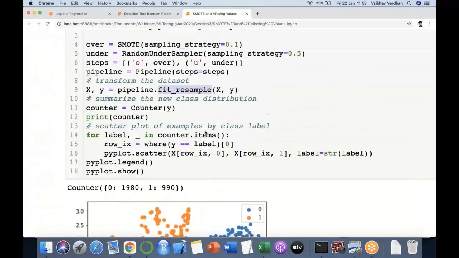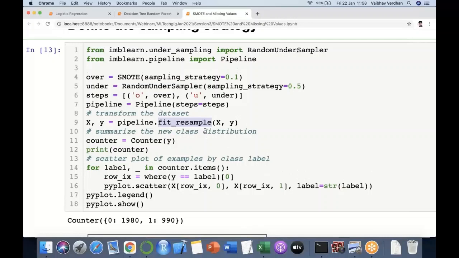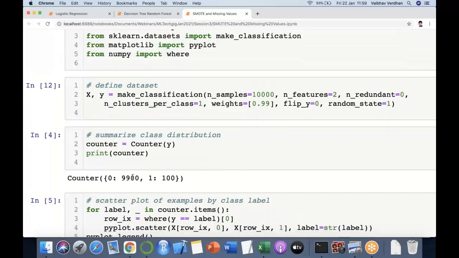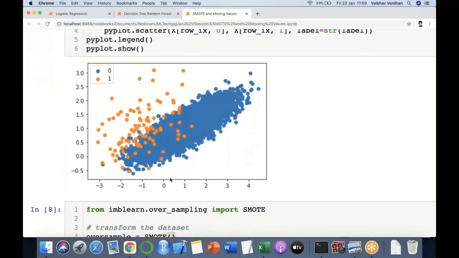This is SMOTE, and you can use it for dealing with your imbalanced data set. Okay, it will allow you to maybe to a certain extent, deal with imbalanced data. Like, for example, in this example, earlier we had 9900 and 100 as the two classes.